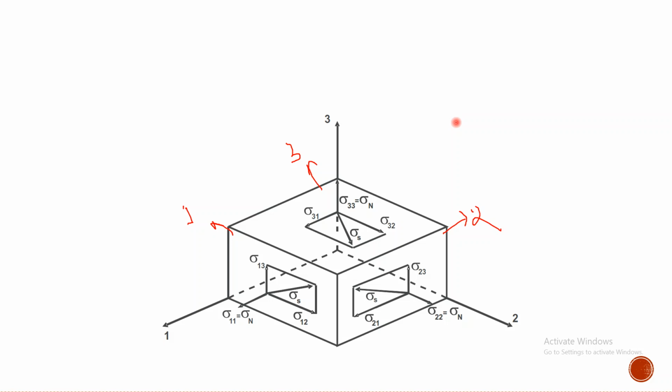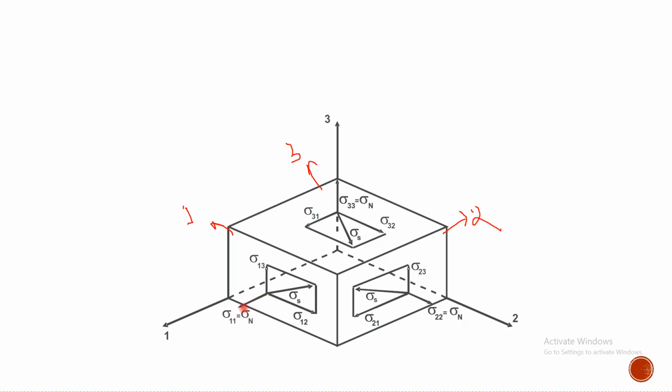The next part is about the stresses generated in each plane. How are we going to find that out? If I take this rectangular block, normal stresses and tangential stresses are developed. Let us look into that. If I take plane 1 alone, I can divide the stresses into two segments. One is the stress normal to that plane, and the other is the stress tangential to that plane.